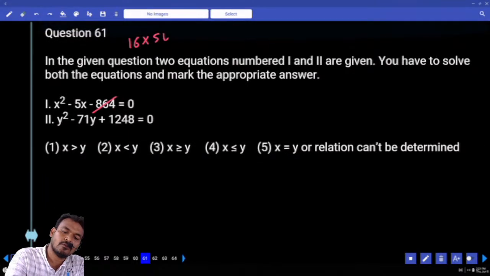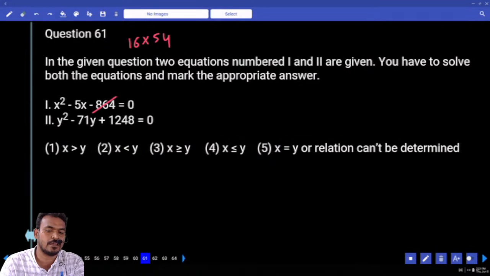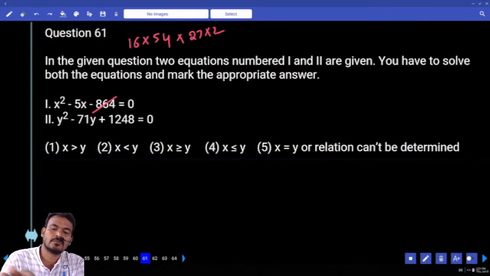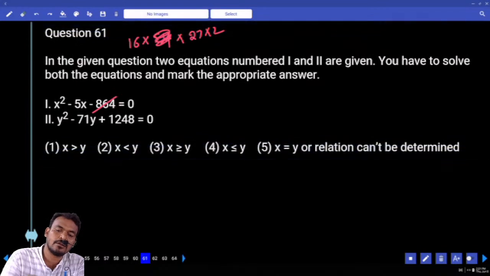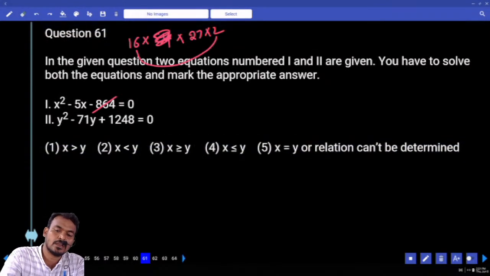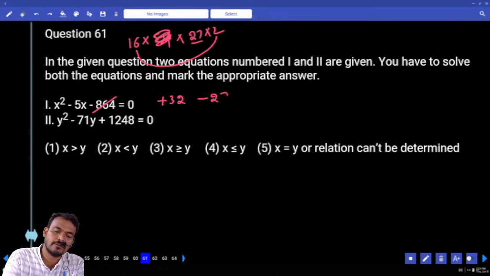Again 4 times. 16 into 54. 54 means again we write 27 into 2, or not? In place of 54 we write 27 into 2. 16 into 2, how much? 32. What is the remaining? 27. Difference is 5 or not? But actually one is minus 32, another one plus 27 or not? Then final roots we write plus 32 minus 27 or not?